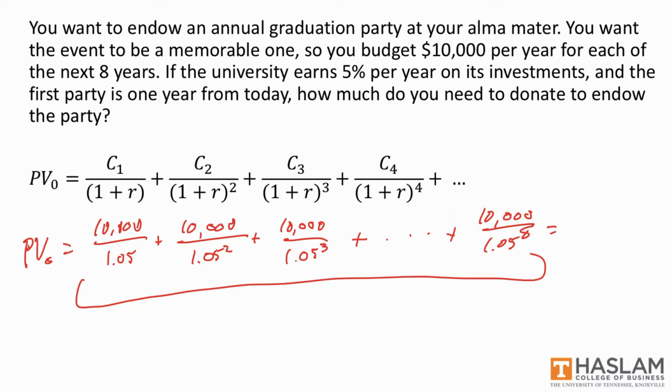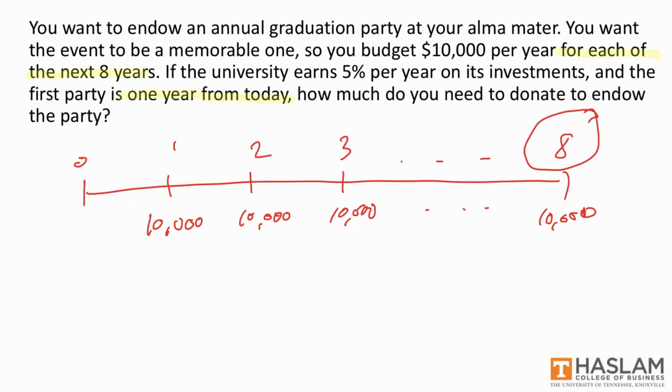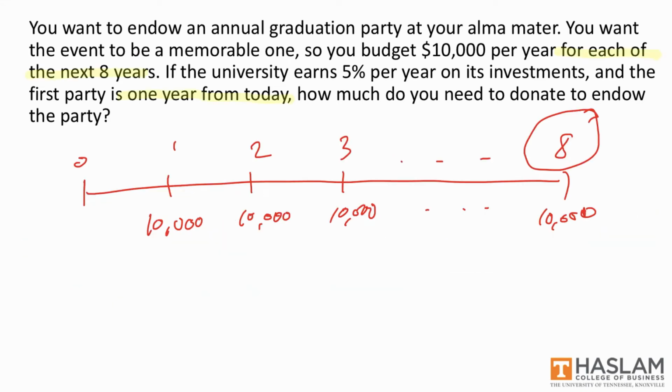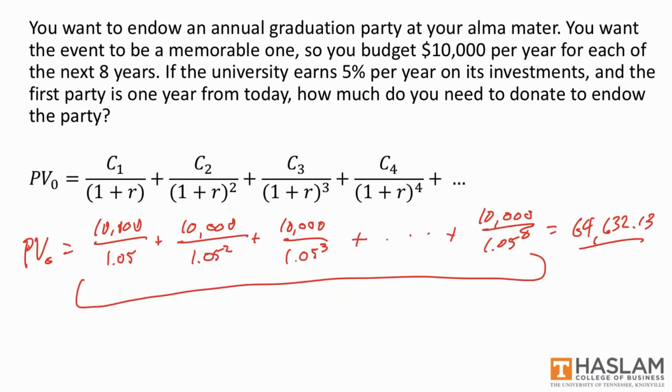And then we could run the numbers through a calculator, and we'll see that this present value is $64,632.13. And so we would say that we are indifferent between $64,632.13 today and this series of 8 $10,000 evenly spaced cash flows over the next 8 years. $64,632.13 is the present value of this annuity.